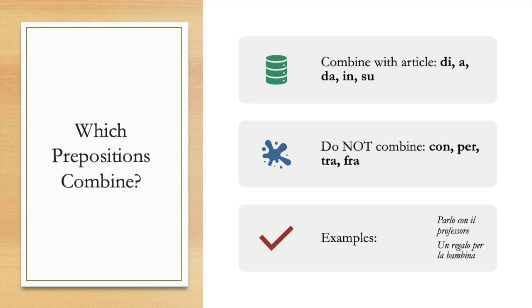Others, like con, per, tra, and fra, stay separate even before a definite article. So, for example, in a sentence like parlo con il professore, con and il don't combine. They stay as two separate words. Same thing with per la in a sentence like un regalo per la bambina, a gift for the girl.